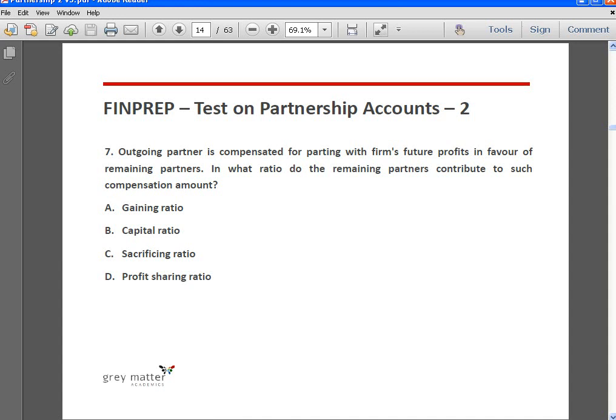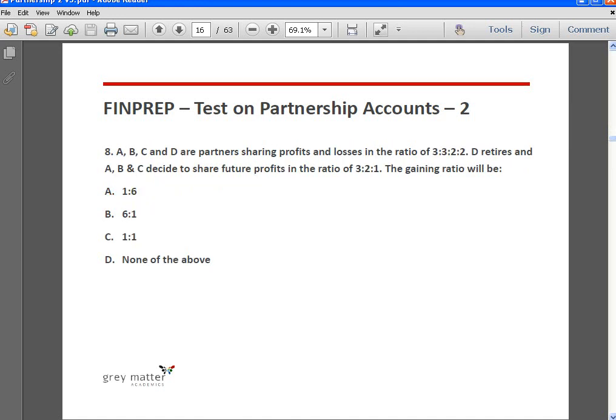Okay, so here when a partner leaves the firm, since he is parting with the firm's future profits in favor of the continuing partners, then the continuing partners have to compensate the retiring partner for this parting, in their gaining ratio. So answer is A.